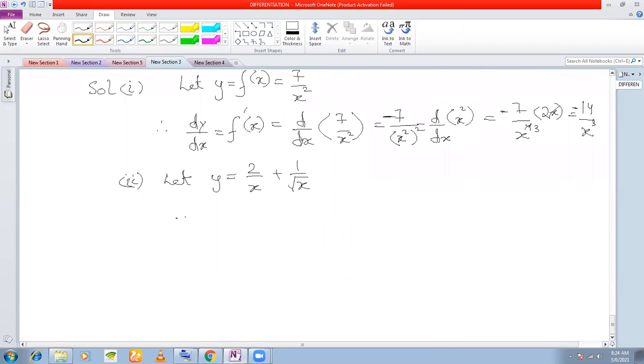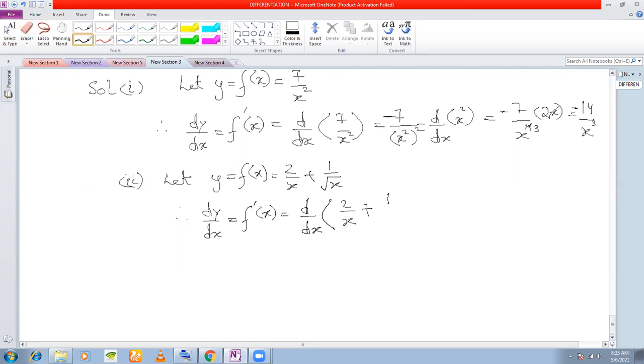So therefore dy dx is f dash x is equal to d dx of 2 by x plus 1 by root x. So now we separate: first d dx of 2 by x plus d dx of 1 by root x.